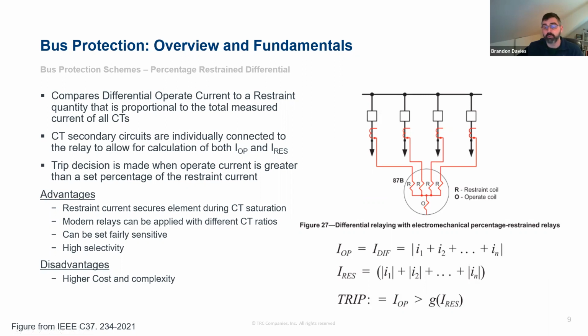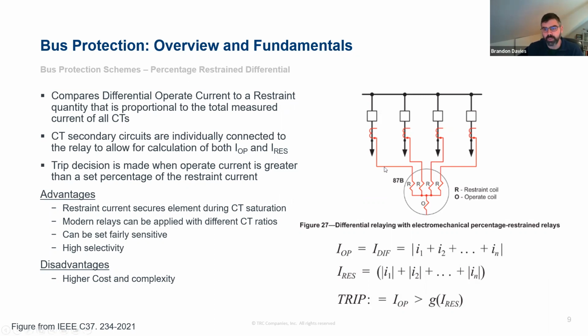So someone came up with the idea of let's find a method to say how much current is going in and out of the bus, and let's compare that to the operate quantity. And we can basically raise our pickup of how much operate quantity we need based on the magnitude of current going through the bus.